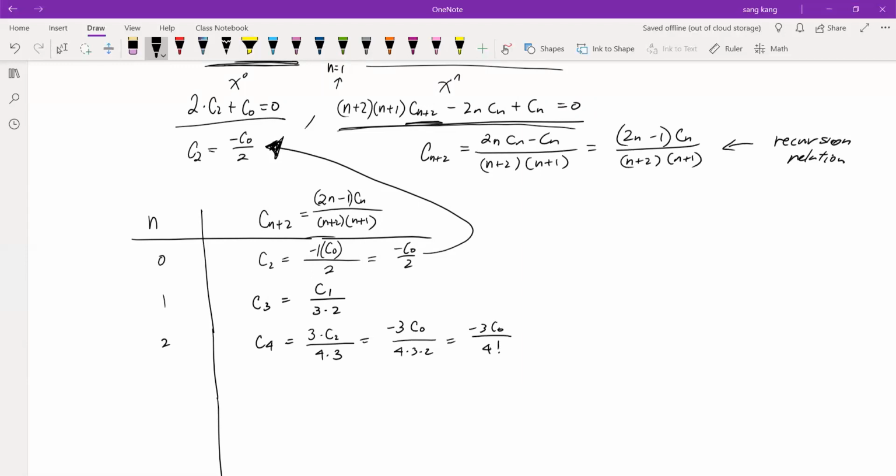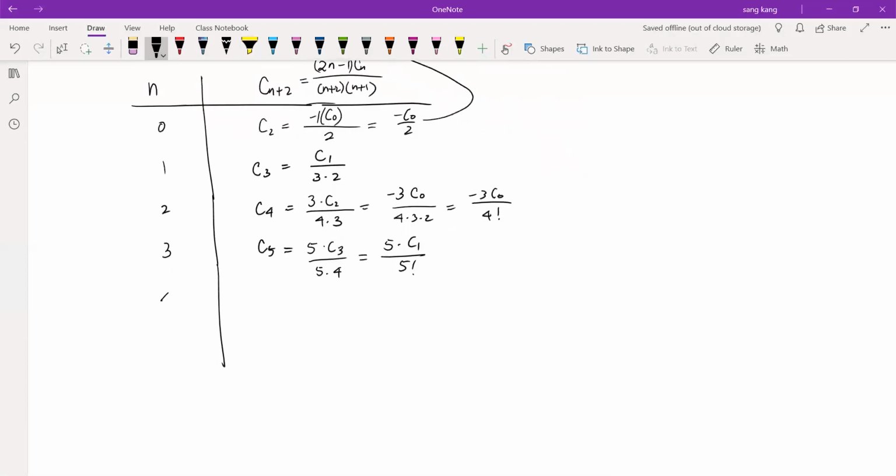And I continue to do this. I did it for the first 7 coefficients. So I'll just write this down so you guys can have it.